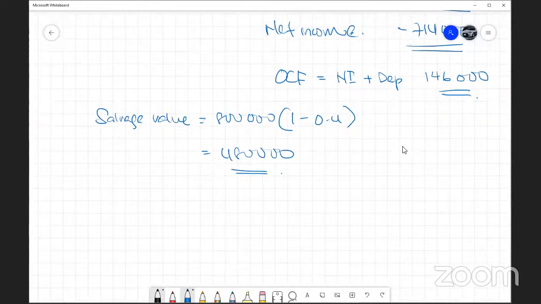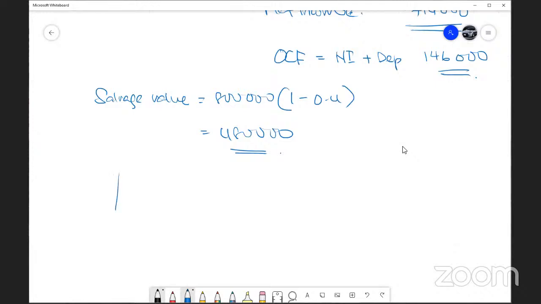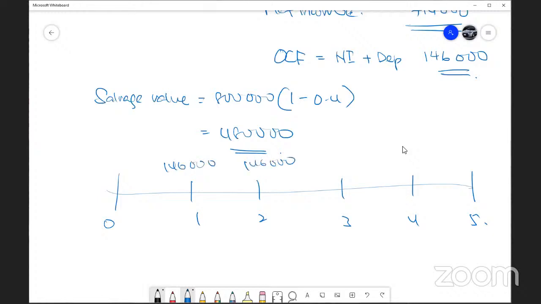Okay, so this is the actual salvage value you get at the end of the 5th year. Now, if you put this into a timeline, 0, 1, 2, 3, 4, 5, you're having an operating cash flow of $146,000 for 5 years.